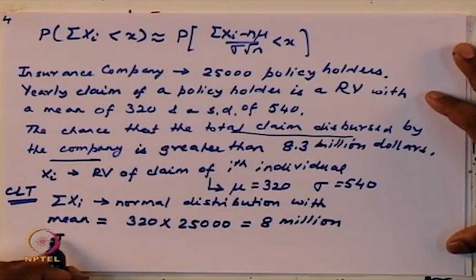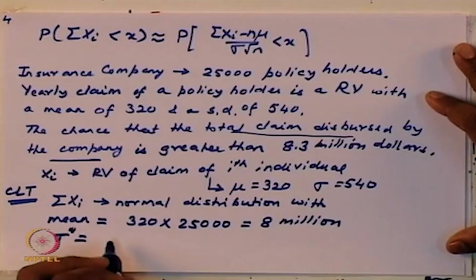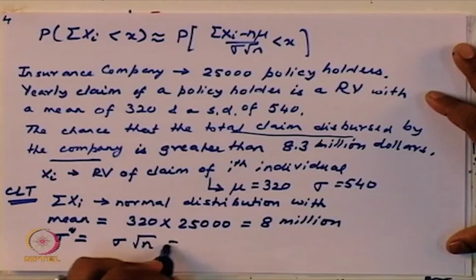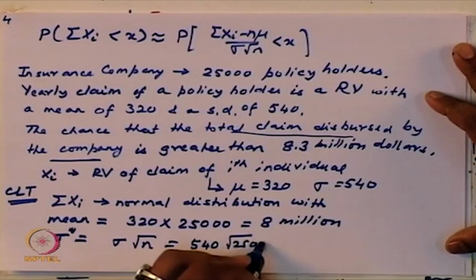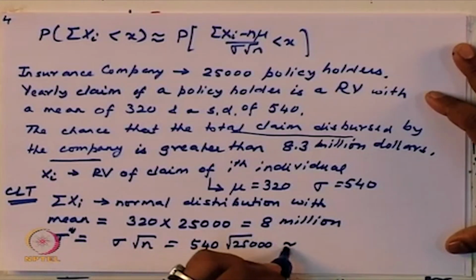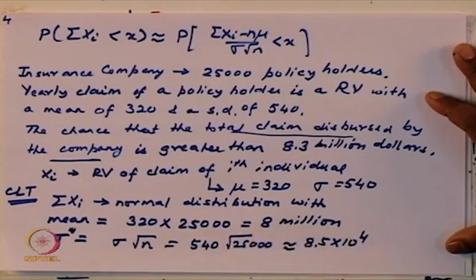And standard deviation, I can say sigma star equal to sigma into root of n. Okay. So, which is 540 into root of 25,000. Okay. So, this will approximately come to be 8.5 into 10 to the power 4.